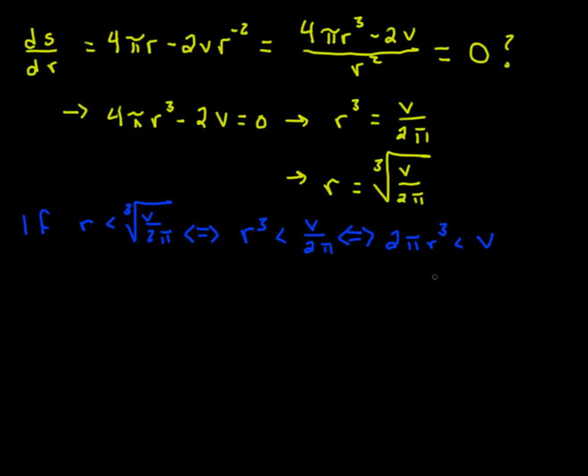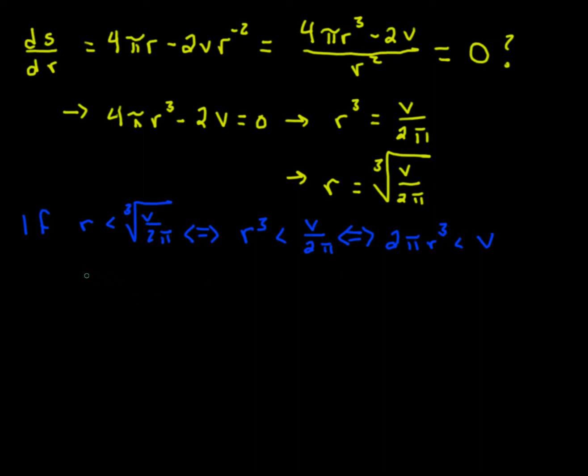And let's come back up here and look at our function, kind of get a sense of where we want to go with this. Our function that we're trying to determine, is it negative or positive, has 4 pi r cubed minus 2v. Well, this is almost there. This is 2 pi r cubed, and then minus some stuff. Well, if I multiply both sides by 2, I'll at least get the 4 pi r cubed.